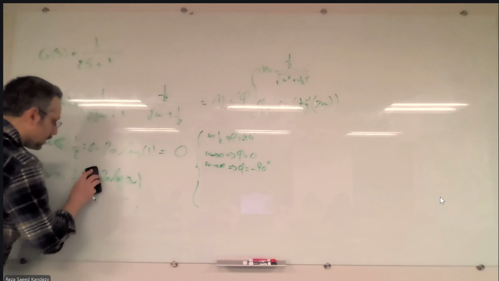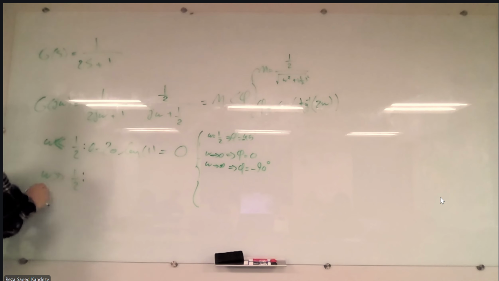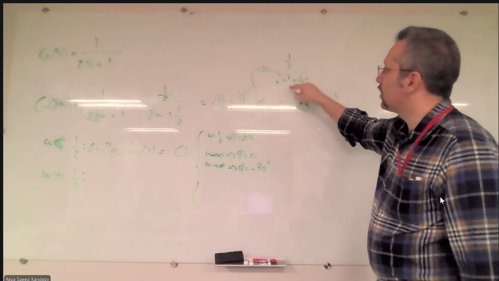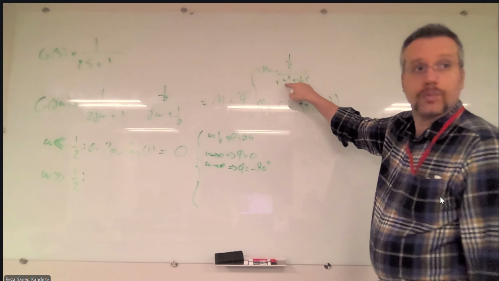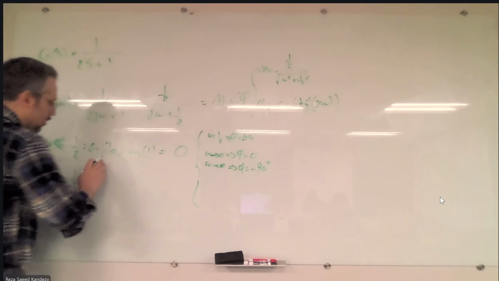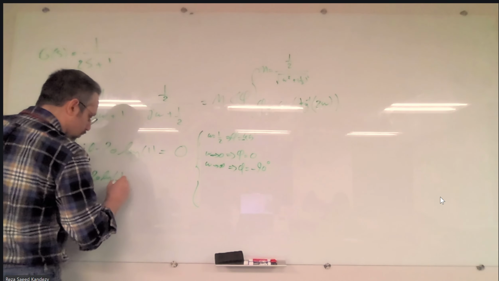Let me do that again. I made a little bit of error. So if omega is bigger than 1 over 2, we ignore that 1 over 2 squared. We have 1 over 2 divided by omega. Okay, so it is going to be 20 log of 1 over 2 omega.